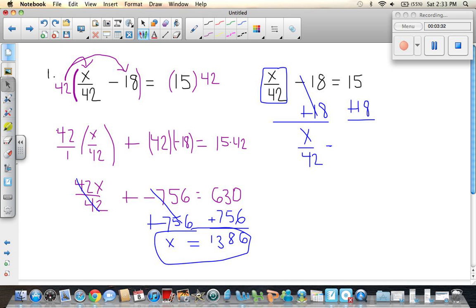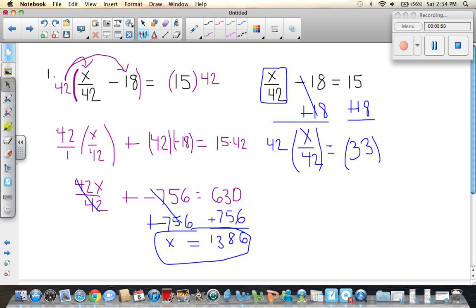And then on the other side, we take 15 and we add 18 and we get 33. And then the final step here is to multiply each side by 42 because x divided by 42 is what we have originally, and the inverse operation is multiplication.